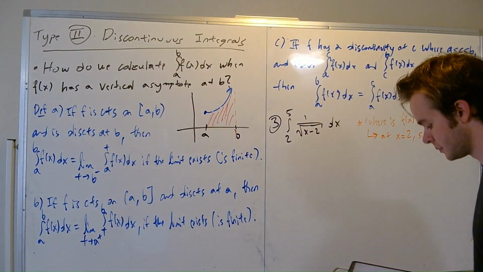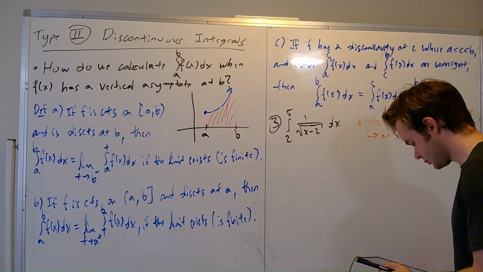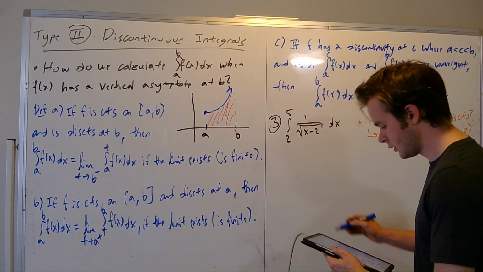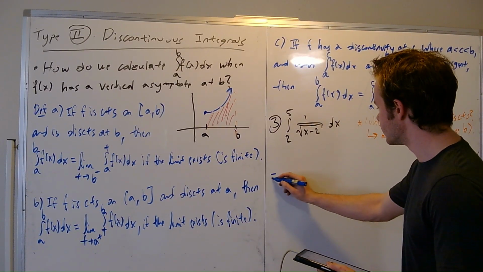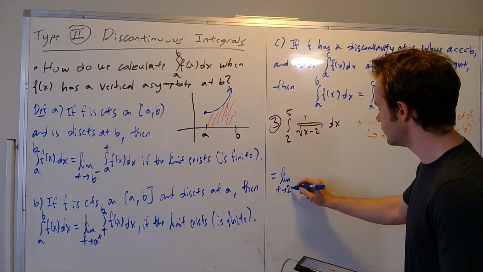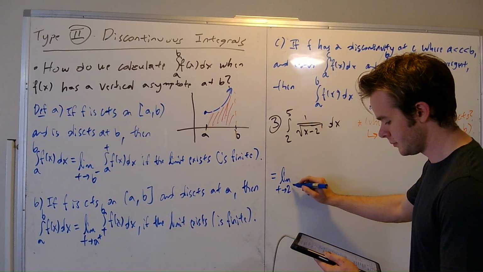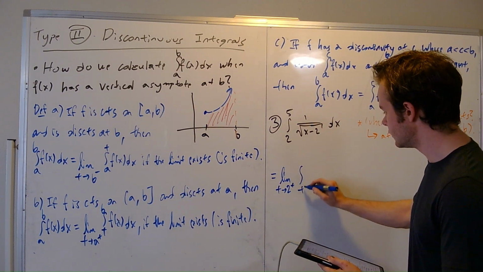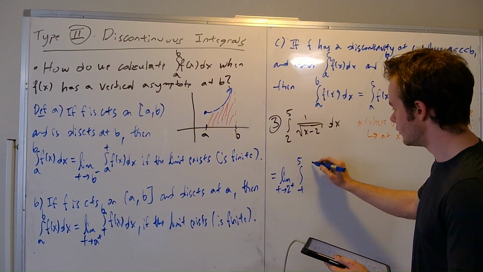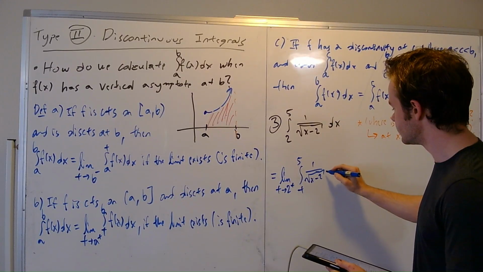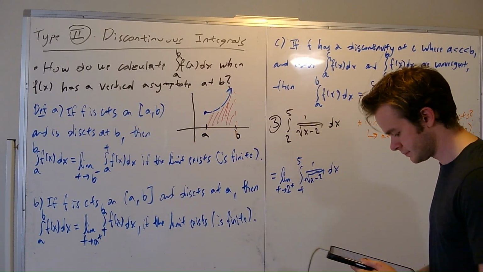So that's what we'll do. We'll go ahead and rewrite this as the limit as t goes towards 2 from the right of the integral from t to 5 of 1 over root x minus 2 dx.